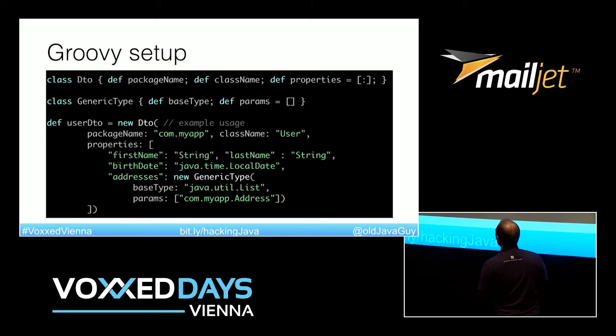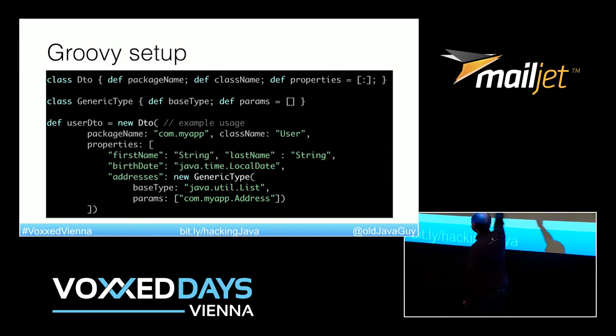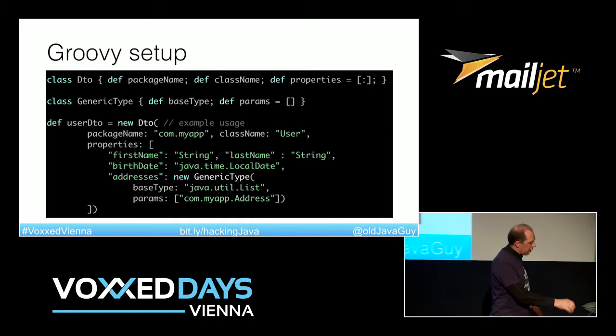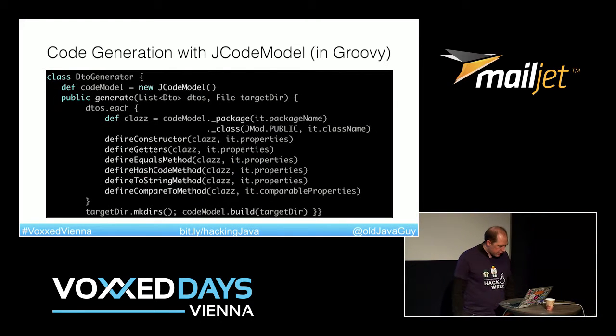If you really want to implement generics in a type-safe way, it's really nasty and verbose. But fortunately, I'm not really interested in that. I just need, okay, it's a list, and its type is address, and that's good enough for me. And so this is how my DTO generator looks.